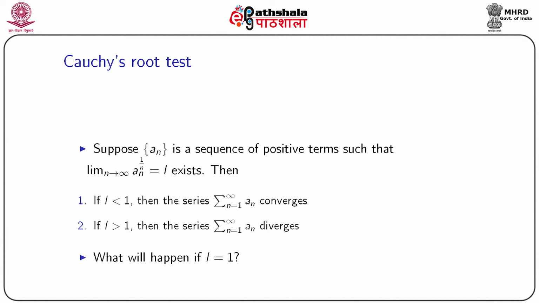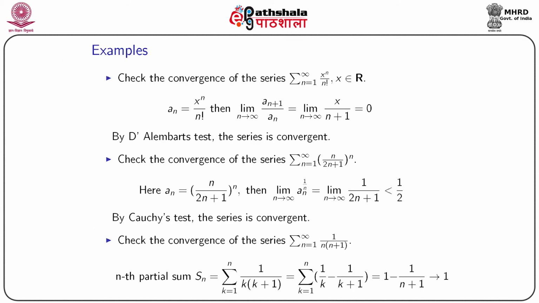After knowing these three tests, now we will check the convergence of a few series as examples. As the first example, consider the convergence of the series sum over n from 1 to infinity of x to the power n over n factorial, where x is any real number. Then a_n can be written as x to the power n by n factorial.